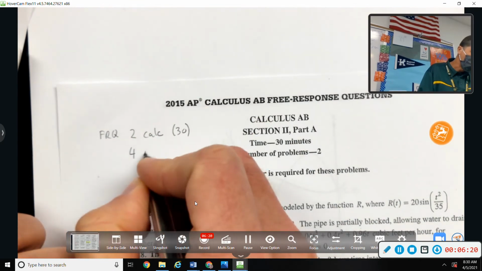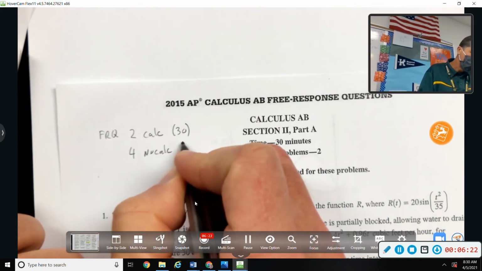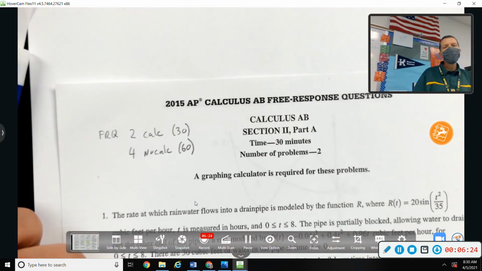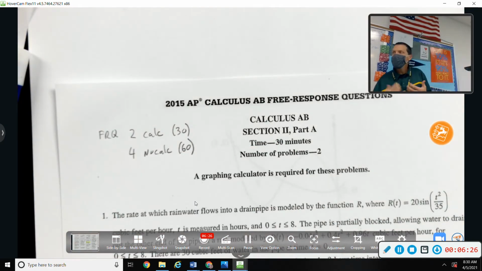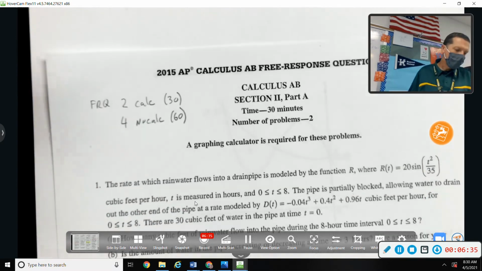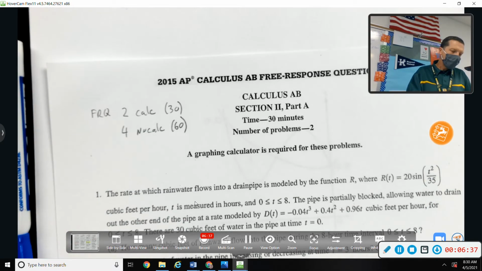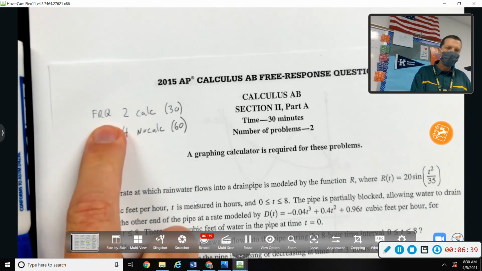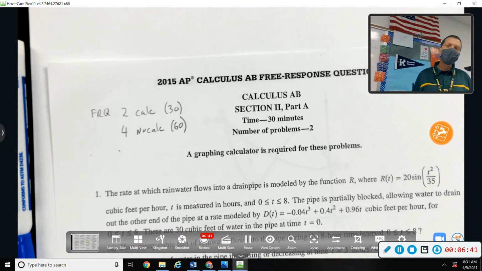And then there's 4 no calculator, and you get 60 minutes to do those. So you have 15 minutes per question, but you don't have to spend 15 and 15. You can spend 10 and 20 or 5 and 25 or however you want to do it. So this would be the calculator part of the free response part of the 2015 test.